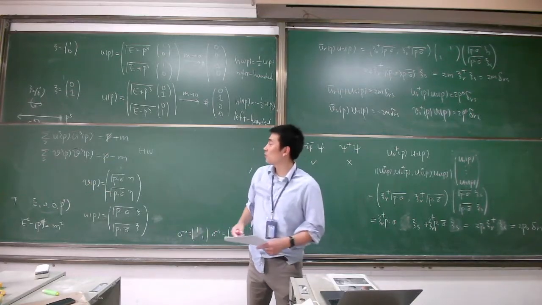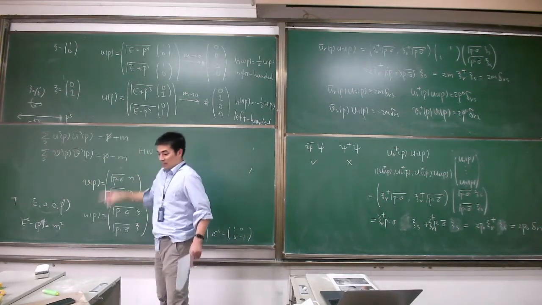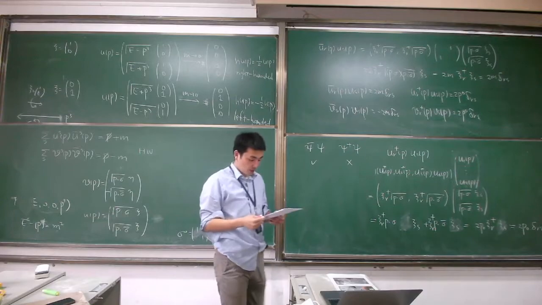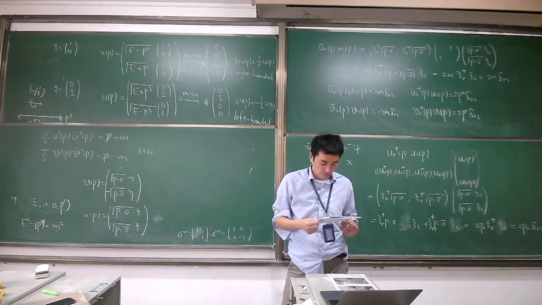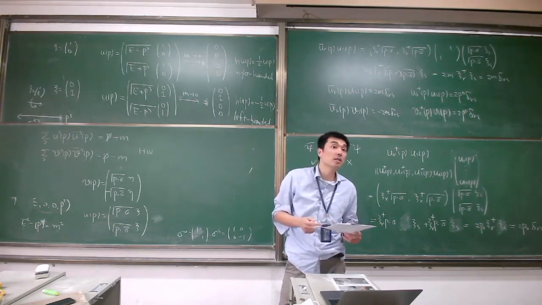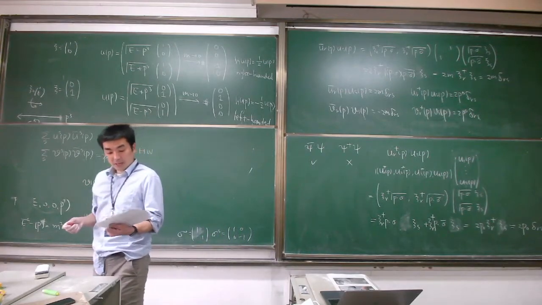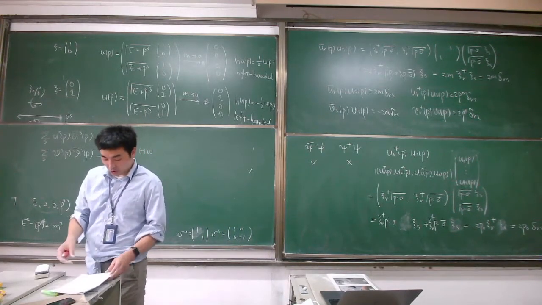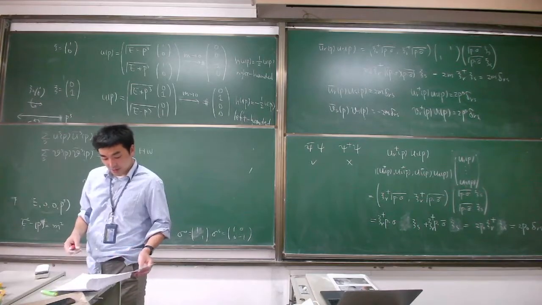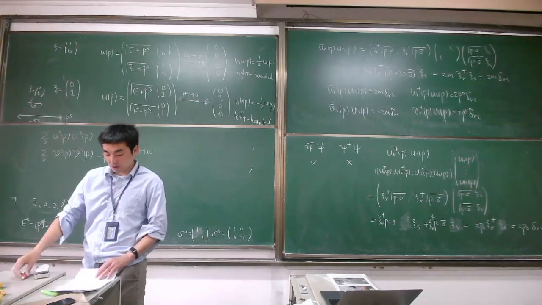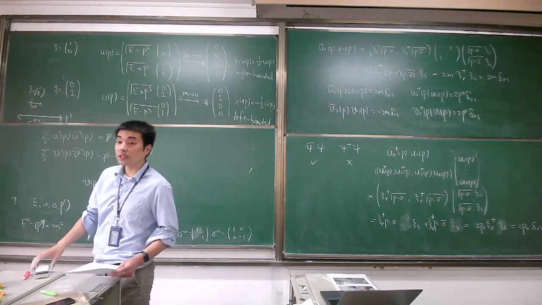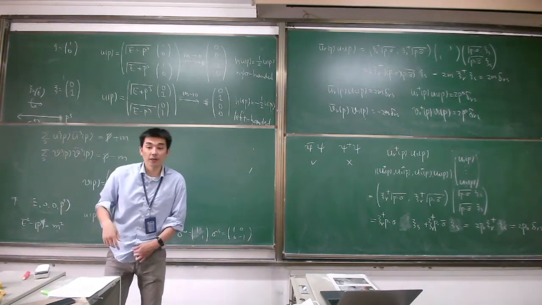So you have to use this kind of combination a lot later. Any questions at this moment? It's a bit early, but I think it's a good place to stop and take a break before going to canonical quantization. So let's take a 10 minute break.